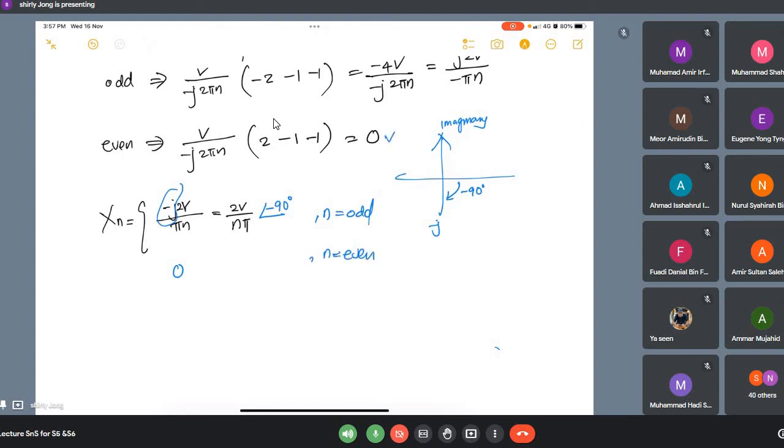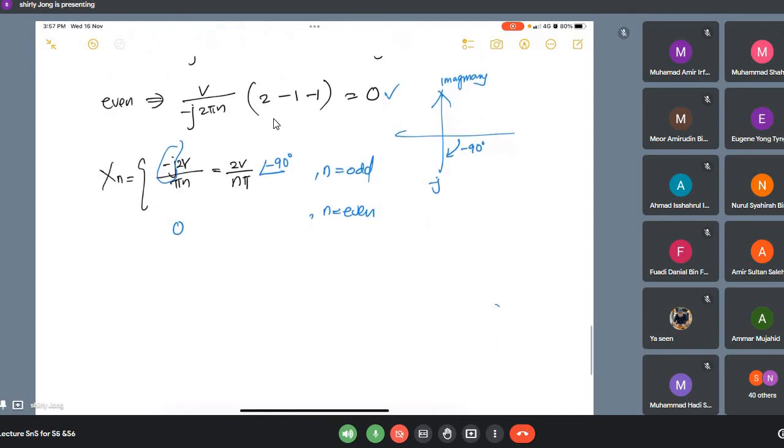Okay, it's 0. So this one you can express in the exponential form. So xt equal to the summation from n equal to -infinity until infinity, n odd only, of 2v over n pi exponent minus j pi over 2 exponent j n, like this.